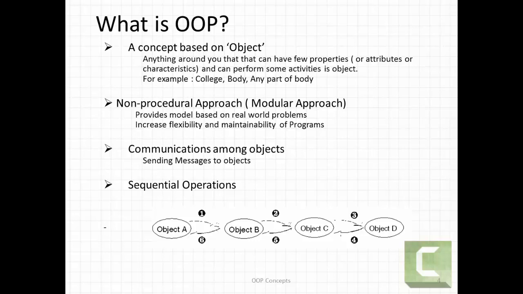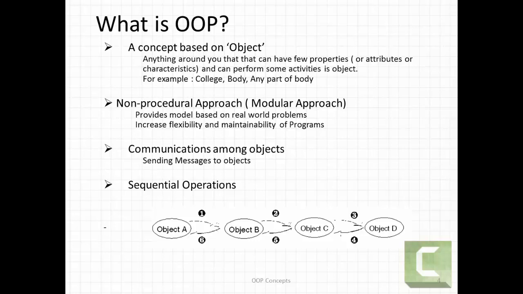The modular way will help you achieve things easily. So it provides a model based on the real-world problem, and increases flexibility and maintainability of the program. If you have a big program, you can divide the whole program into different modules, so working on each module will be easy and you can easily maintain it, and that's very flexible. Why? Because you can work on an individual module, slowly move to the next one, and once you complete it you can move to the next. So that is very flexible and maintainable.